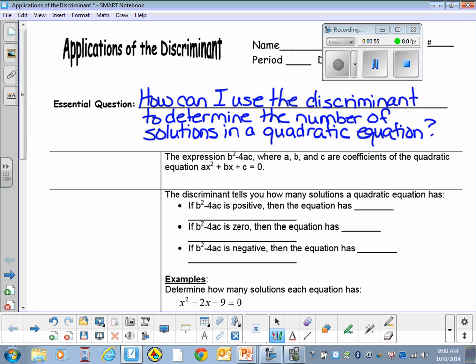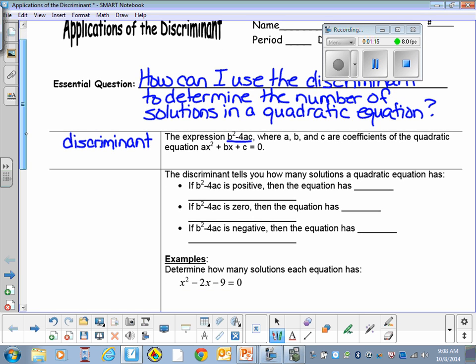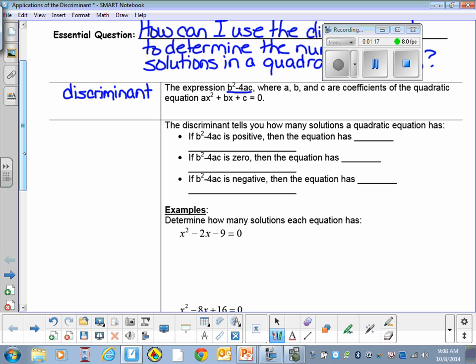In the last lesson, we talked about the quadratic formula. The part of the quadratic formula that's under the radical, b squared minus 4ac, is called the discriminant. The discriminant actually tells you how many solutions a quadratic equation has. If the answer to b squared minus 4ac is positive, the equation has two real solutions.